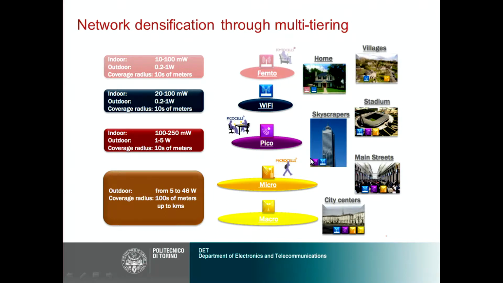So this multi-tiering means really going after the density of people by placing there an appropriate size cell that caters for sudden surges in the number of people that may be in that area.